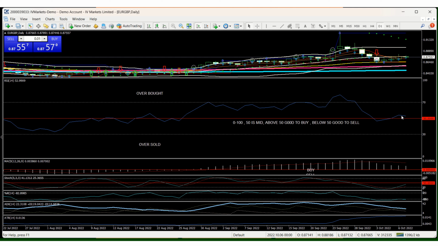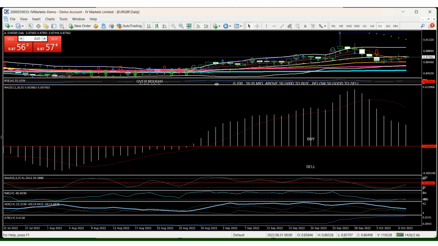MACD, if we find MACD at 12, 26 and 9, let us check what I can find here. MACD says there is a line of 0, and above 0 you see your lagging line and the preceding line; one is your preceding line and another one is your lagging line.